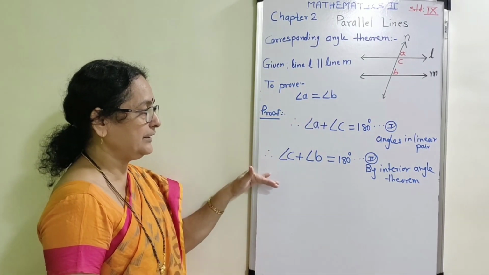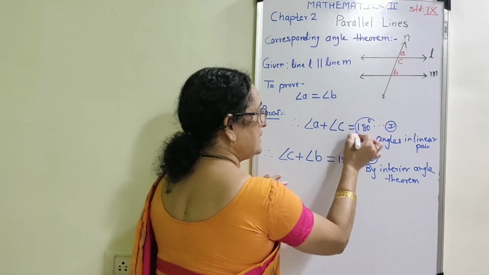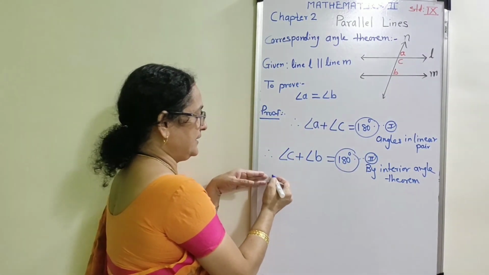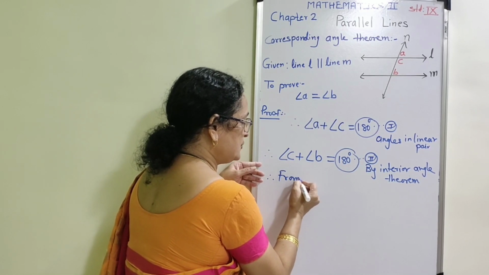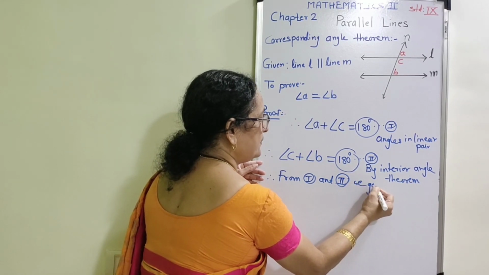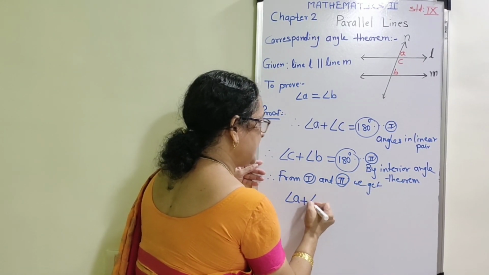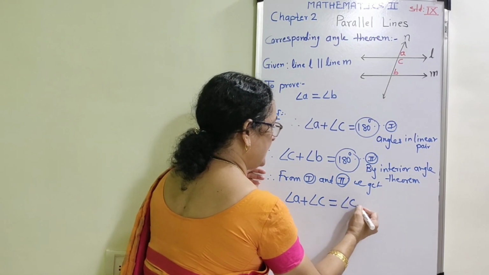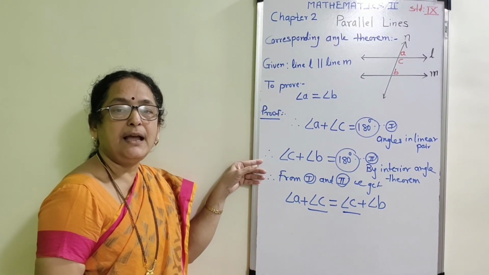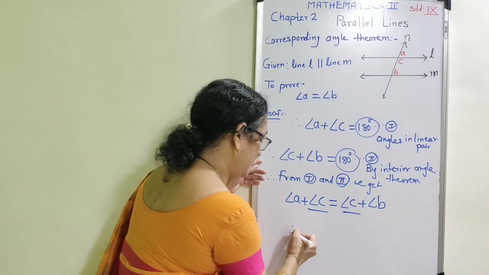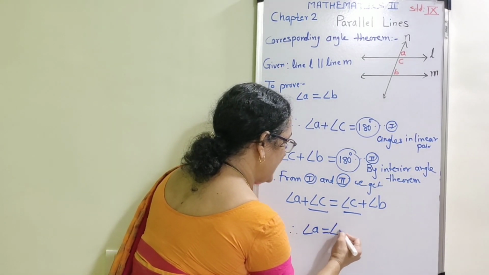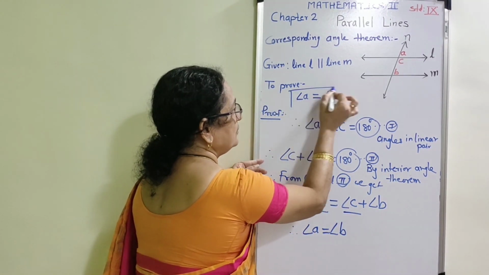Now observe statements number 1 and 2. The right hand side of both the statements is equal, and therefore there is equality between the left hand sides. From 1 and 2 we will get angle A plus angle C is equal to angle C plus angle B. Here angle C is common on both sides, and therefore it gets eliminated, and therefore our next step is: angle A is equal to angle B, and this is what you are going to prove.